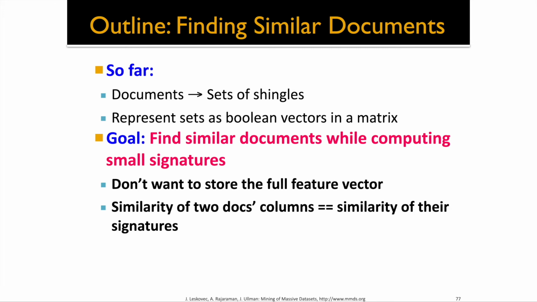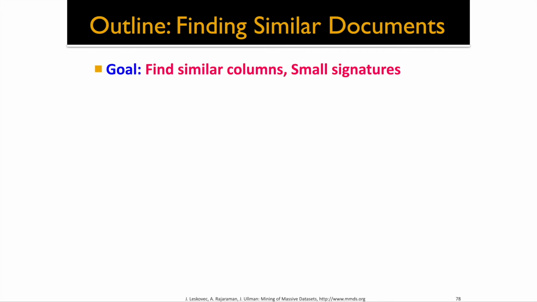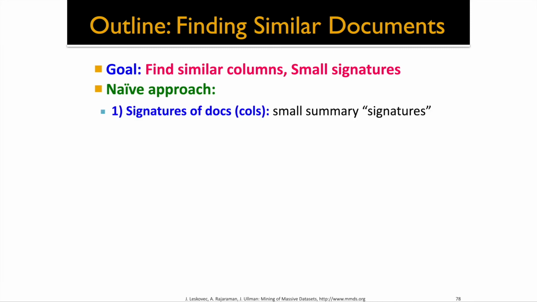And we want to make sure that the similarity between two documents should be equal to the similarity between these short signatures of the two documents. So given this goal, we can have a relatively naive approach where we generate these signatures for all documents. These signatures should be small.